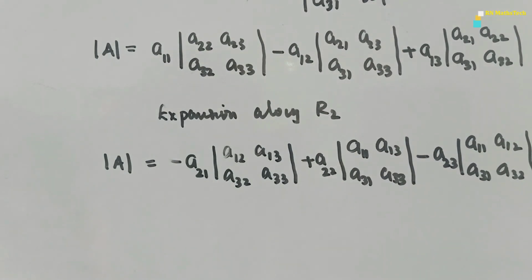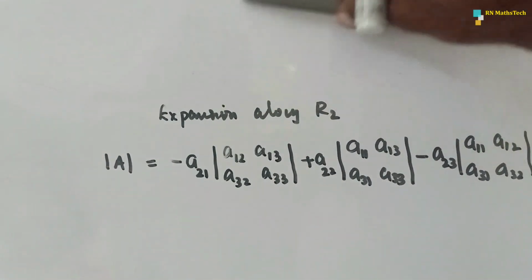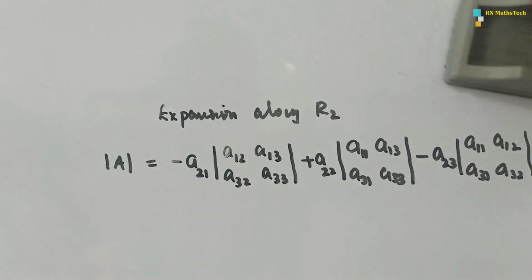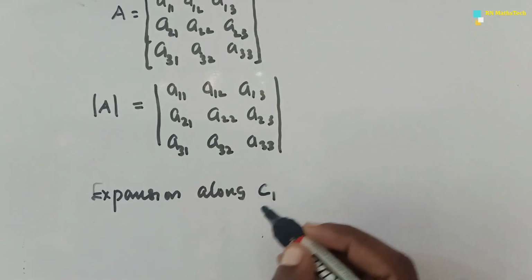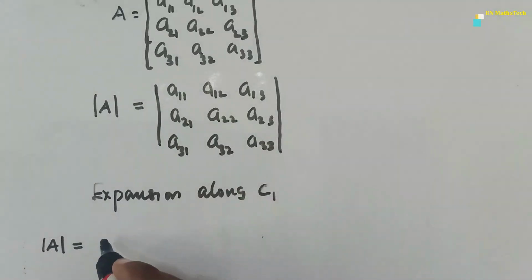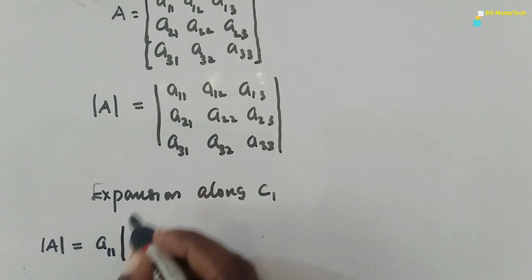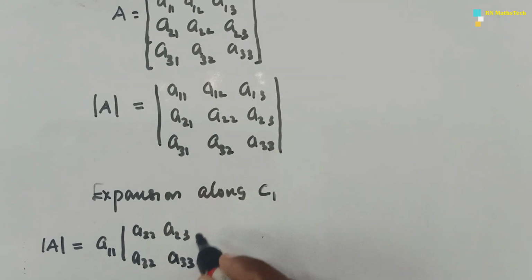Now we can expand this determinant along the first column. Expansion along C1, first column. Determinant of A is equal to, for the first element A11, positive, A11 into deleting the first row and first column, A22, A23, A32, A33.